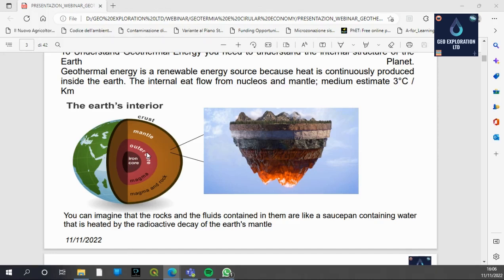We can consider a gradient of about 3 Celsius per kilometer. So if you go 1 kilometer deep, we have an increase of 3 degrees.